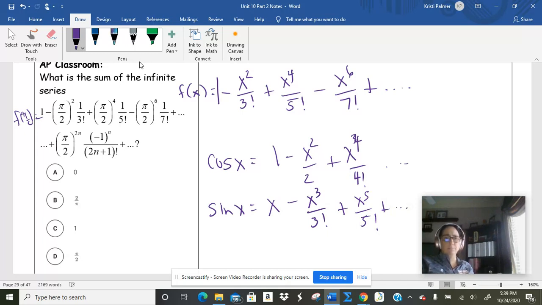So look at these. What did it do here? It looks like cosine's out, but what happens because of the factorials? What happens if I take the derivative of sine? If I take the derivative term by term, that's 1 minus 3... nope, that's not going to work because those are going to cancel out.